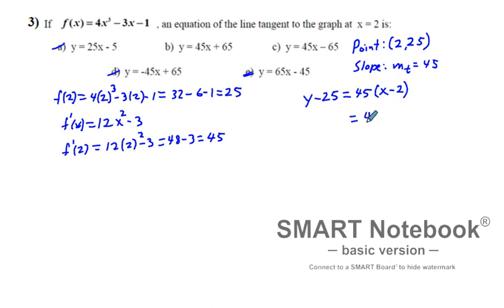We get 45x minus 90. Left side we have y minus 25. We add our 25 on both sides of the equation. We get y equals 45x minus 65. And which one is that? That's choice C.